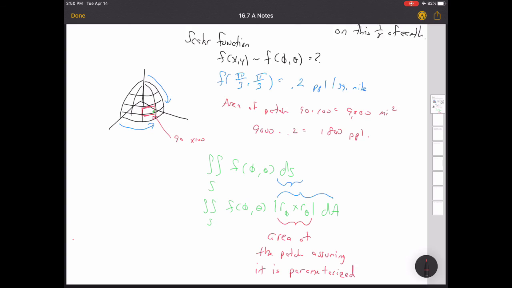That's a very big key. It has to be parameterized in order for us to do this.